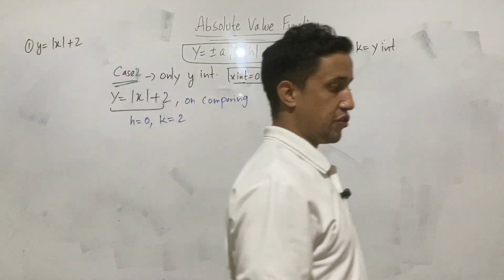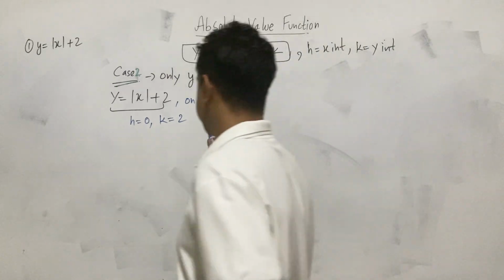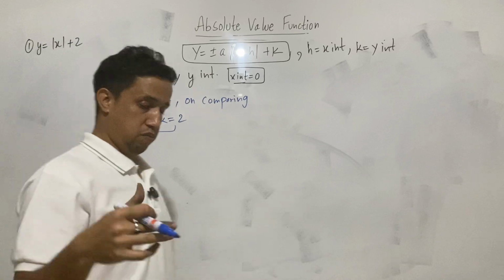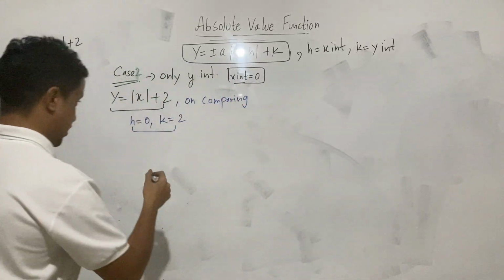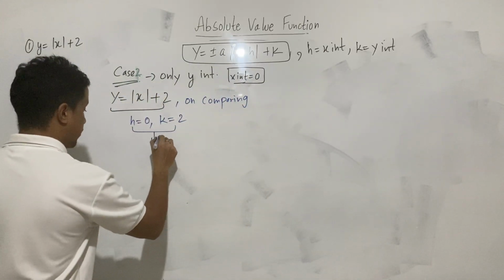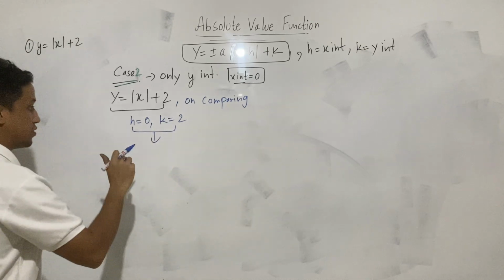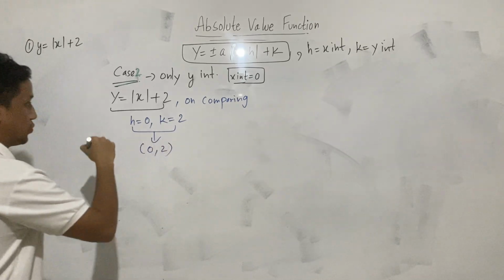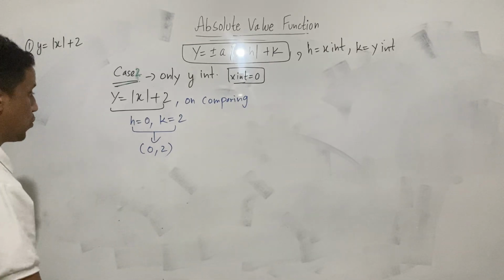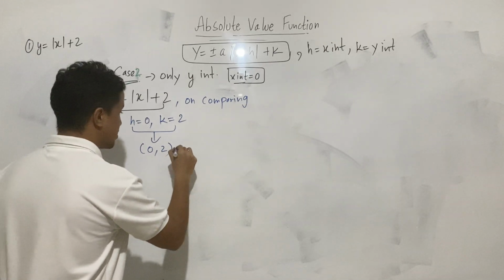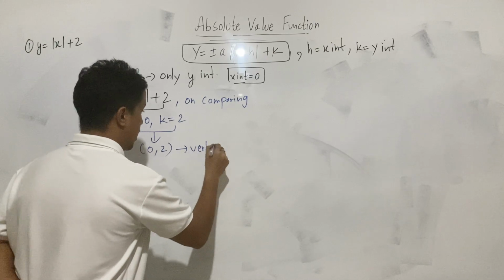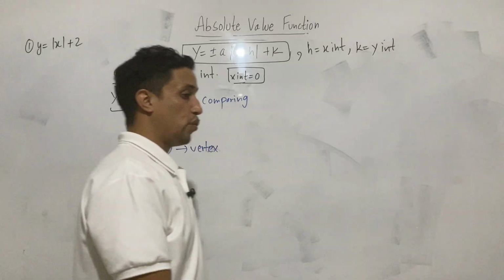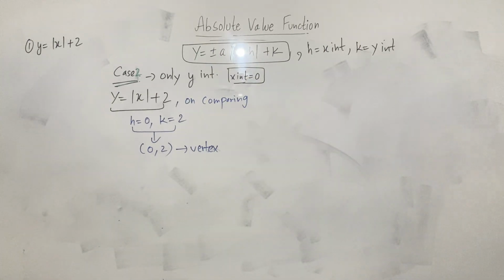If I have to arrange them in an ordered pair, my coordinate would be 0, 2, right? So this is going to be the point where the vertex will be formed.